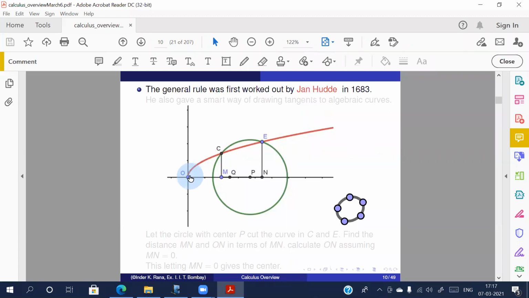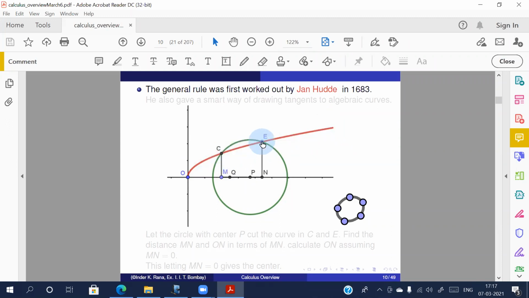For example, if this is the curve y squared equals x, and you want to draw a tangent at a point C, he said to look at any circle which is crossing this curve. It will cross at 2 points.